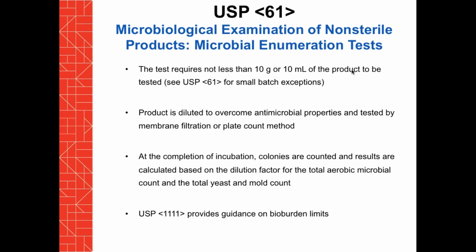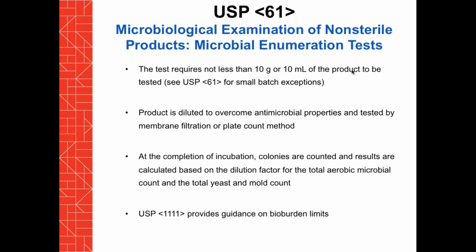The product is diluted to overcome any antimicrobial properties and tested by membrane filtration or plate count method. At the completion of the incubation, the colonies are counted and the results are calculated based upon the dilution factor for the total aerobic microbial count or the total yeast and mold count.